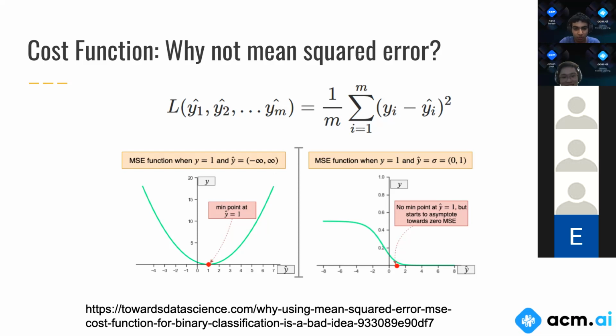Max asks, does it blow up on either side? What exactly do you mean by that? Do you mean the loss is really high? A somewhat high error means a really high MSE. I guess, yeah.